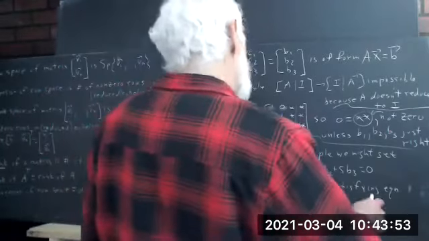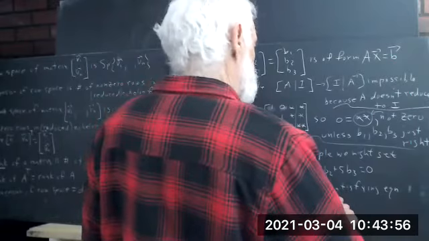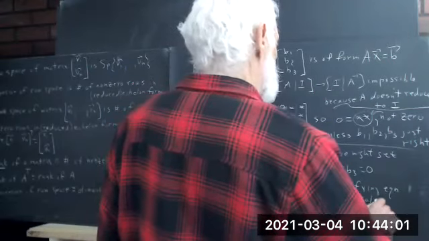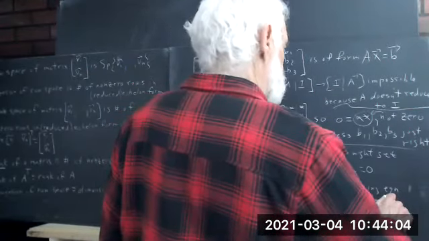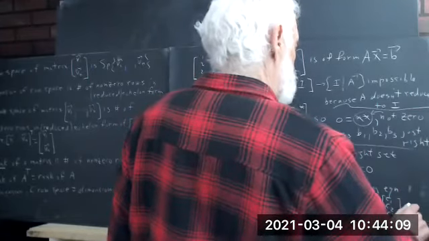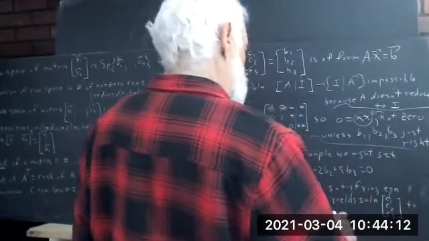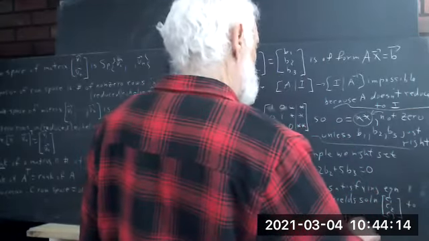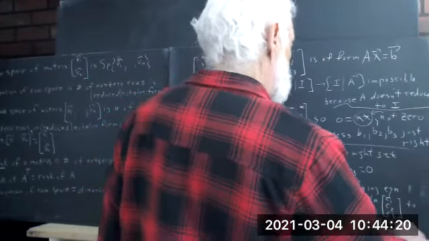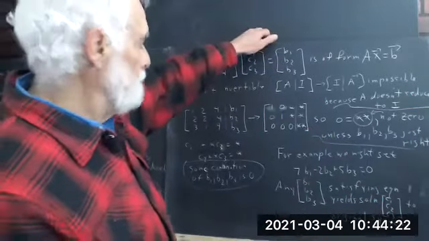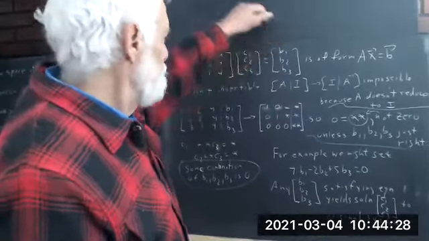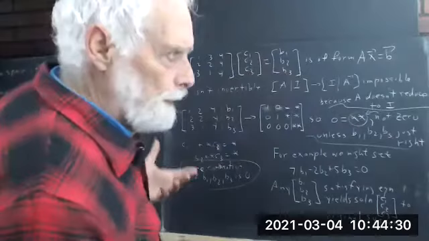So any B1, B2 satisfying this equation yields a solution to the original system, in other words, the original system represented by these matrices.